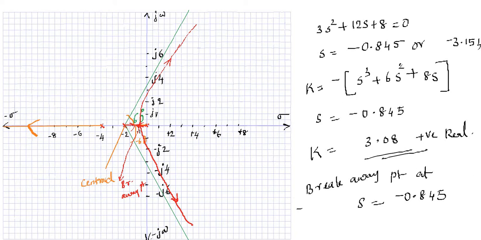Two branches starting from here meet at the breakaway point, then diverge and go asymptotically, and end at a zero at infinity. This is the root locus corresponding to the given problem.